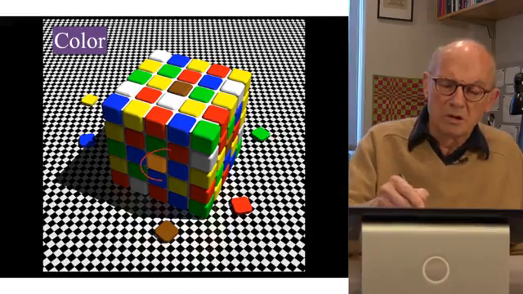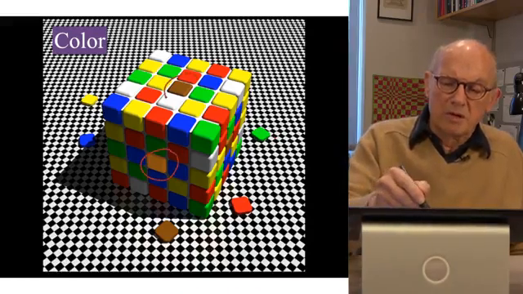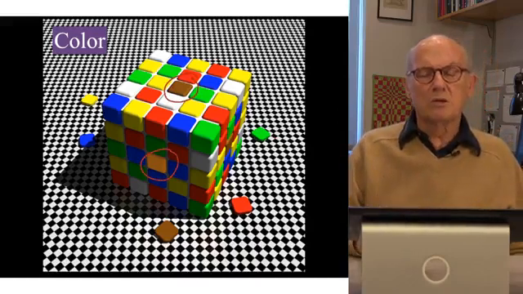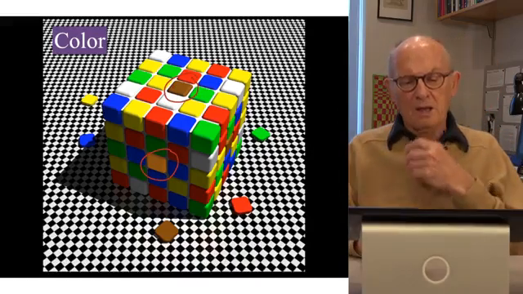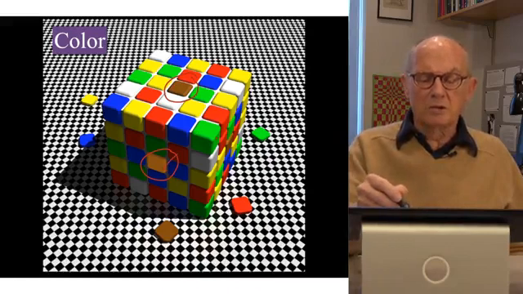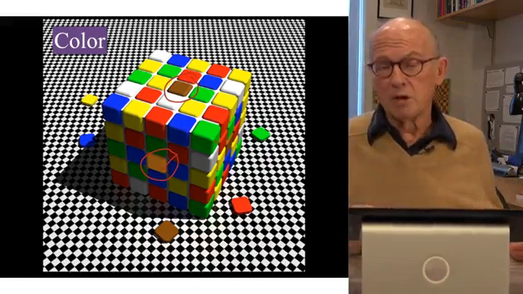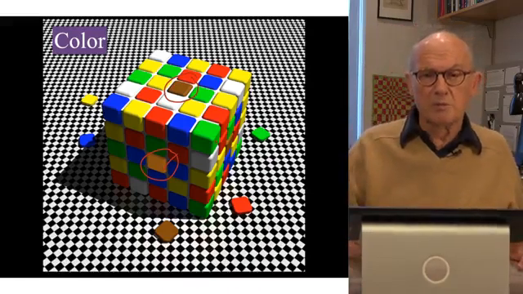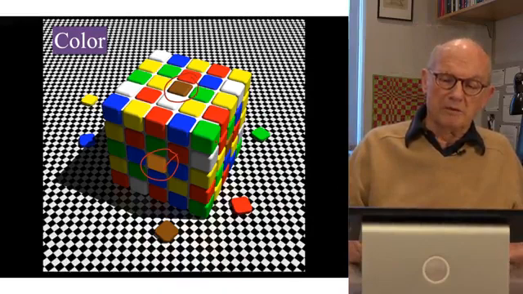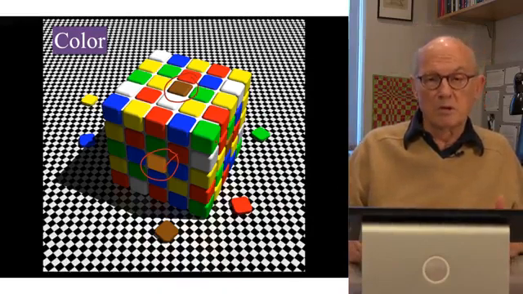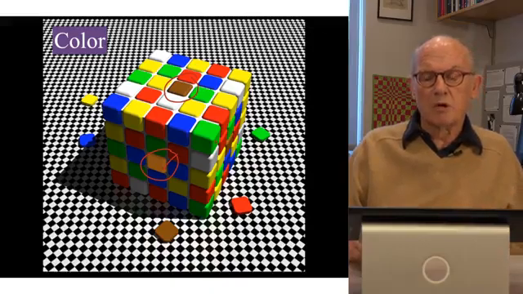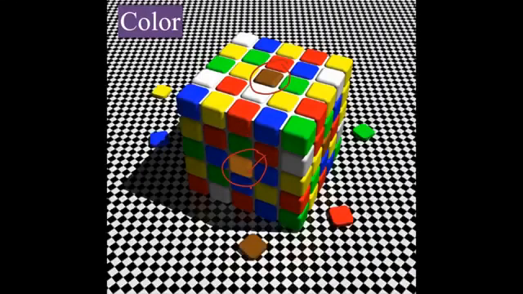Here I want you to focus on the appearance of this patch and this patch on the surface of this multicolored cube. For those of you who have normal color vision, the vast majority, this patch looks orange, and this patch looks kind of a rich brown. Abnormal color vision is not that rare, and there will certainly be some people viewing this who are so-called color deficient or color blind.